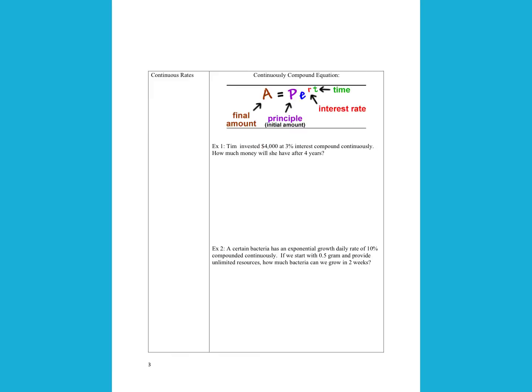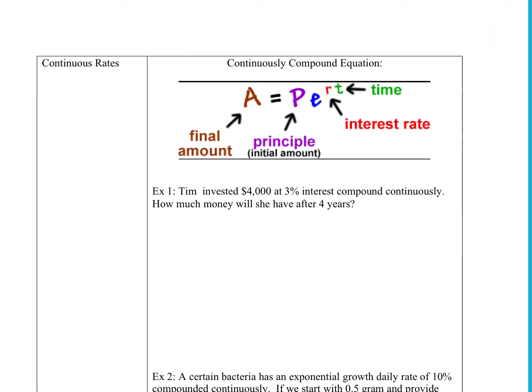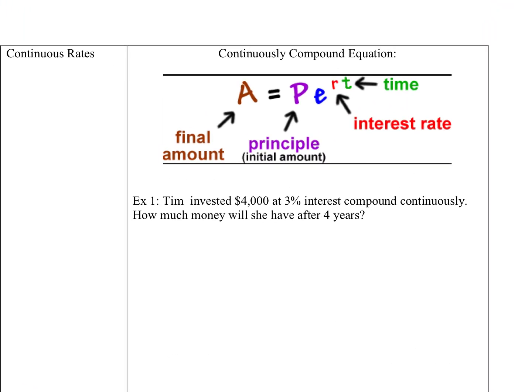Okay, cool. All right, so listen up. This is important. When you see a question, just like the ones we just did, and it told you the interest was compounded, you always use the compound interest equation, correct?